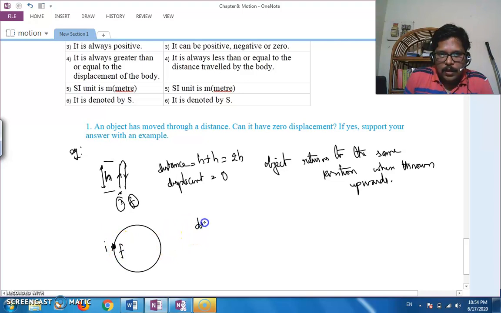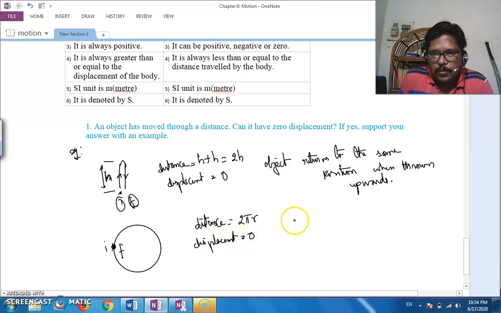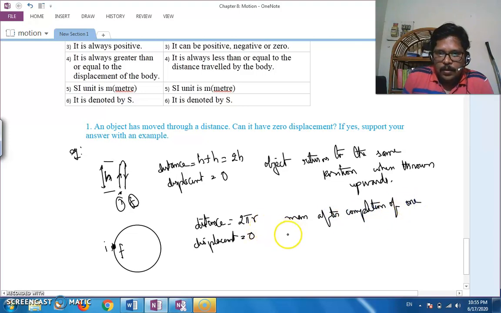So distance traveled after completion of one round will be equal to the length of the circumference, which is 2 pi r, whereas displacement in this case will be equal to 0. So in this example, a man after completion of one round in a circular track has zero displacement.